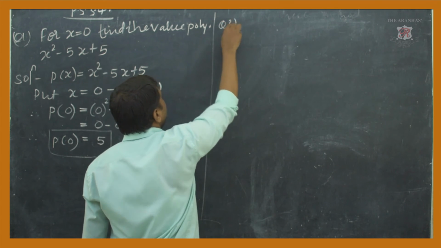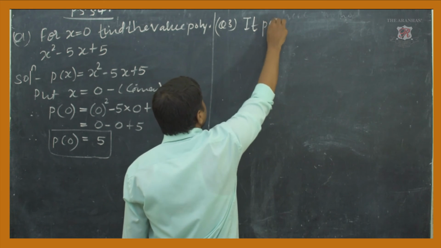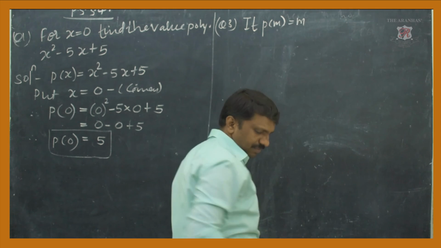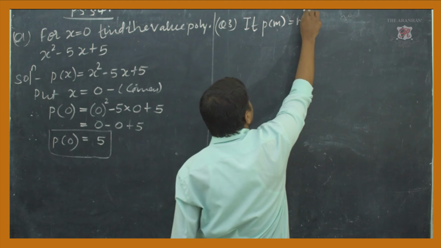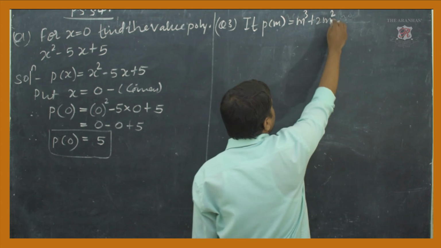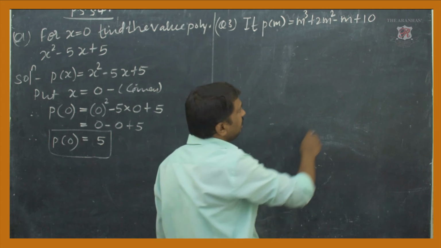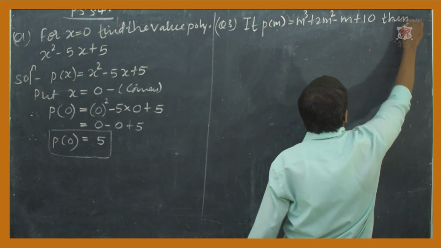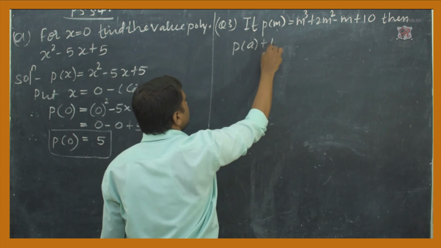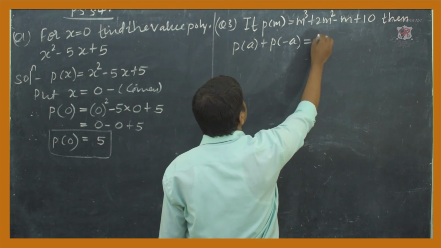See, question number 3 we have: if P(m) is the polynomial, P(m) is equal to m cube plus 2m square minus m plus 10, then what we have to find is the value of P(a) plus P(minus a) is equal to question mark.